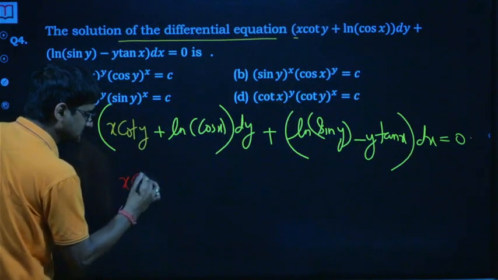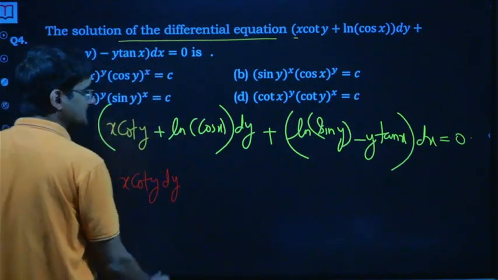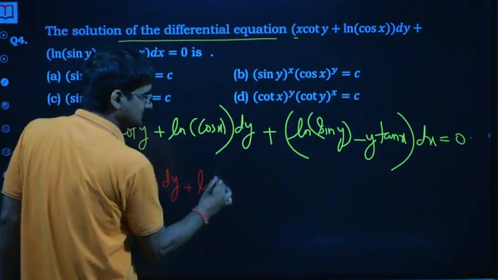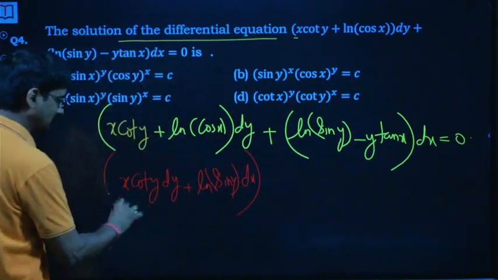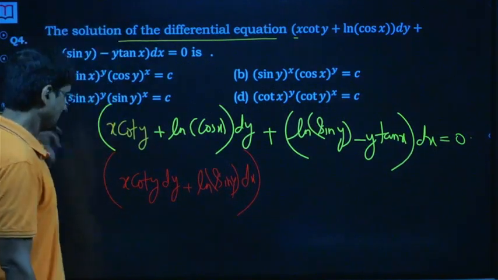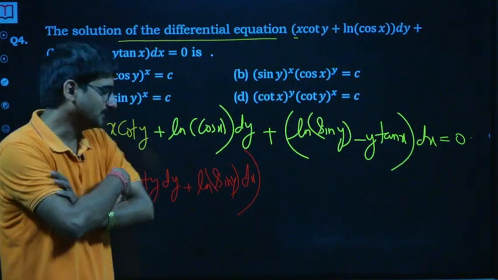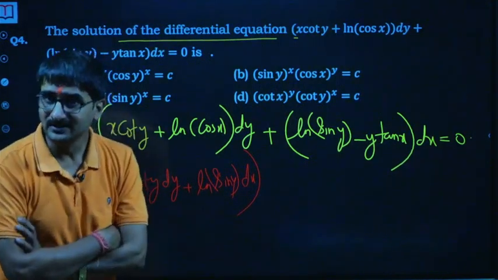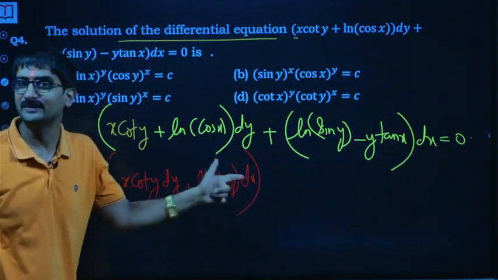If I write x cot y dy and then ln sin y dx, bring them together. Now see, the derivative of ln sin y is 1 by sin y into cos y, which is cot y, so cot y dy, and the derivative of x is dx.